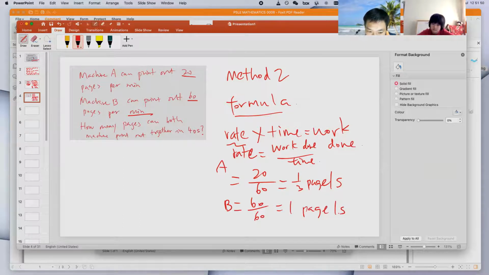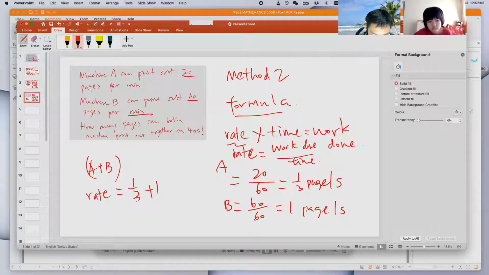So now they work together, meaning A plus B. The rate is going to be 1/3 plus 1, which is 4/3 pages per second. Now, how many pages? They want to know the work done.